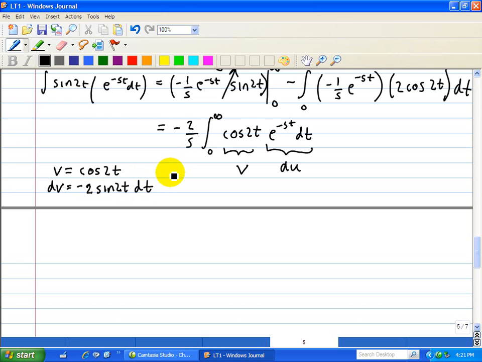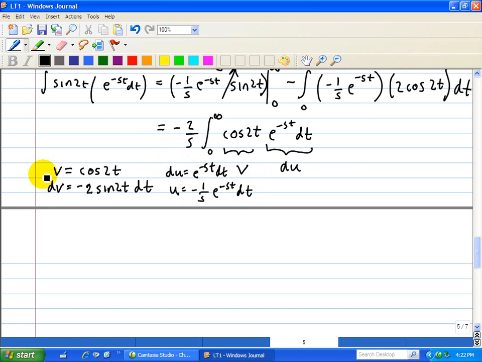We have du equal to e to the minus st dt, therefore u is equal to negative 1 over s e to the minus st.